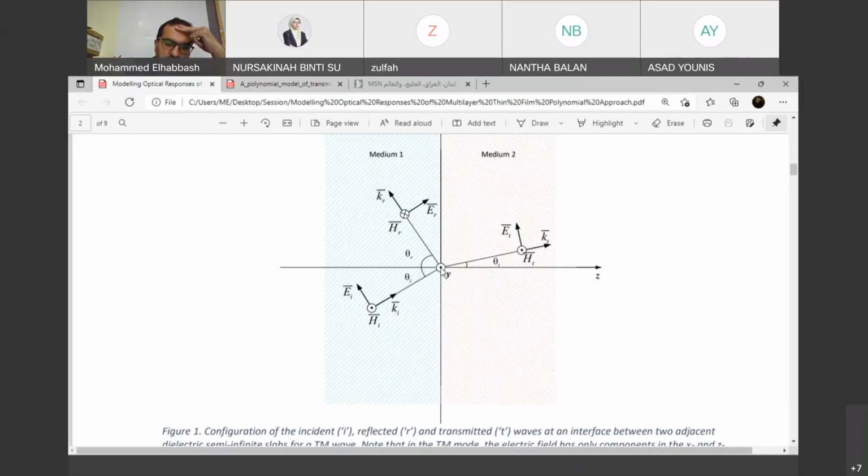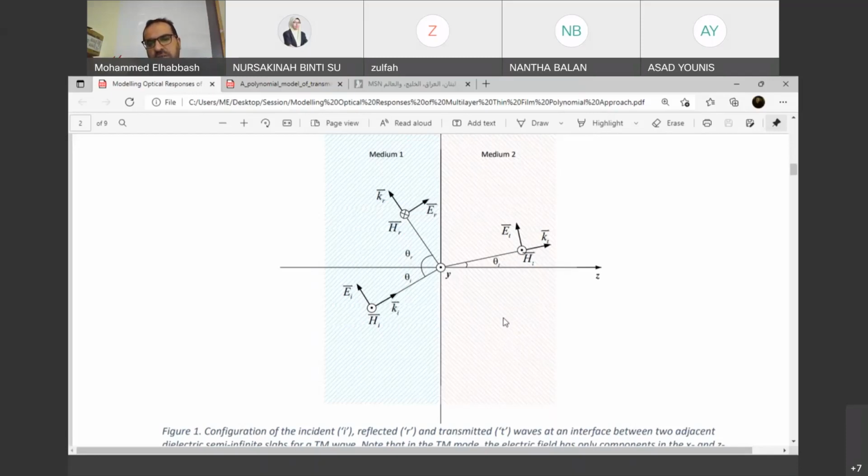Some of the electromagnetic wave will be reflected, and some of it will transmit through the media. So here we have the reflection angle, and we have the transmission angle. The direction of travel can be represented by K, the wave vector, which represents the direction and the amplitude of the light in general.